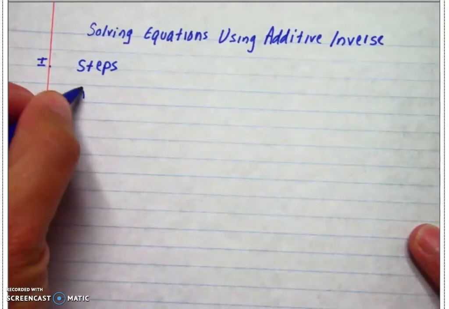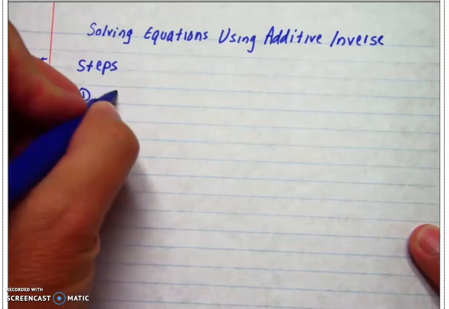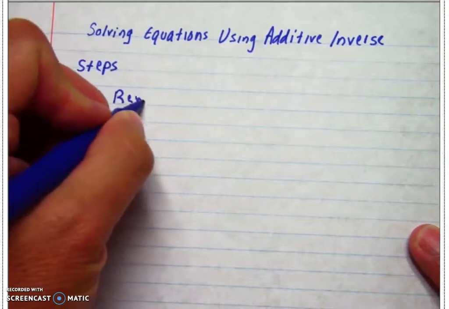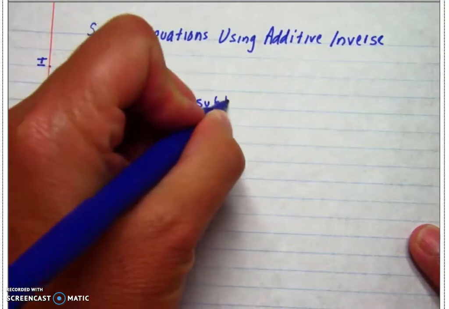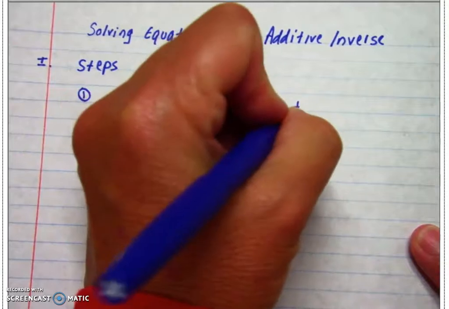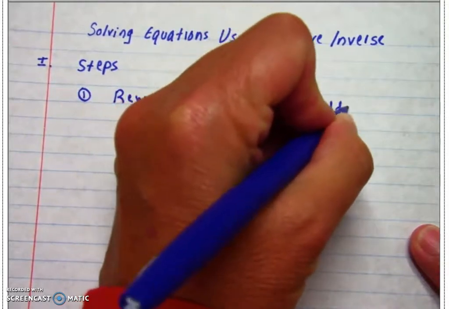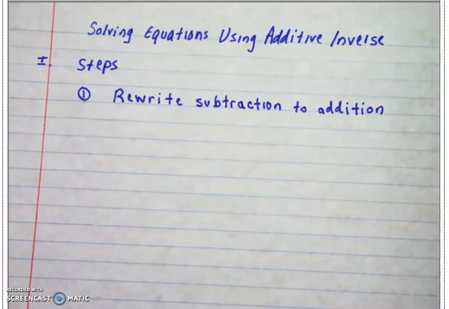So, number one, if you see any subtraction in the problem, we're going to rewrite subtraction to addition. Now we had practice with that the other day on how to do that. So we're going to get practice again in an actual equation. So rewrite subtraction to addition.